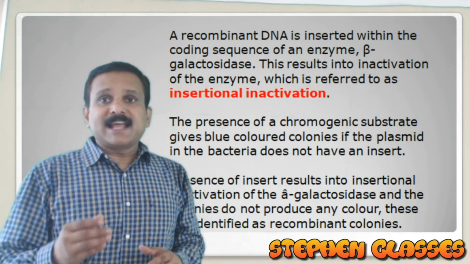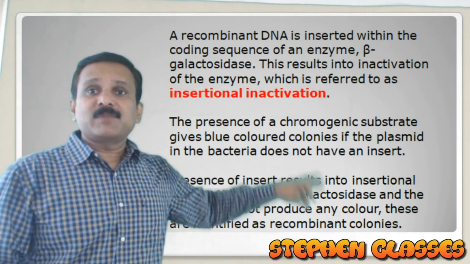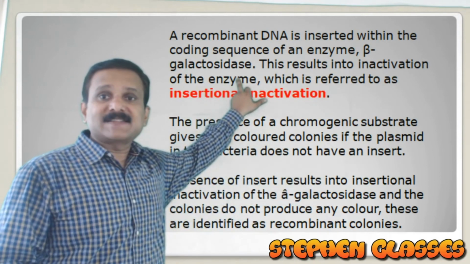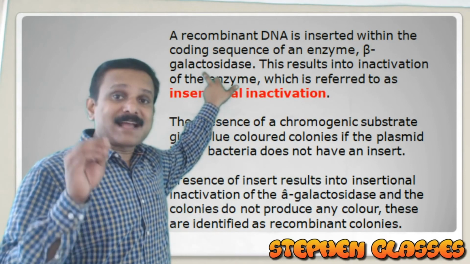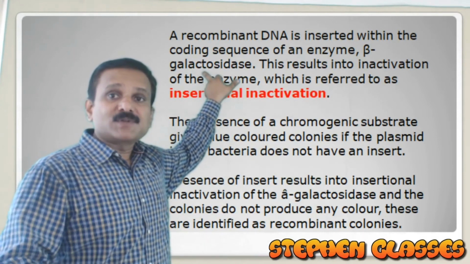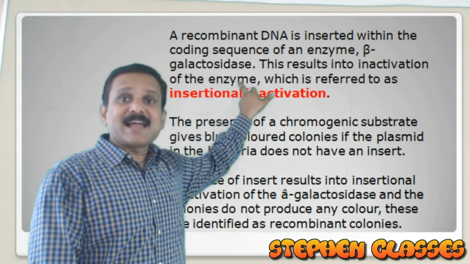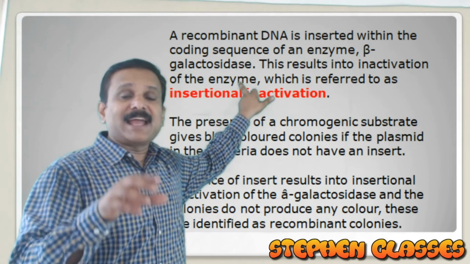A recombinant DNA is inserted within a coding sequence of an enzyme beta galactosidase. So in the coding sequence of beta galactosidase, we are inserting the foreign gene. What happens? The enzyme coding gene will get inactivated.